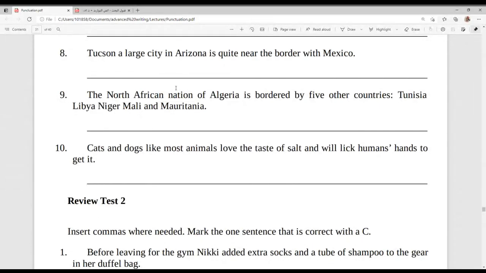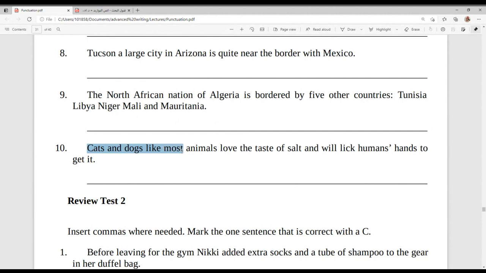The North African nation of Algeria is bordered by 5 countries: Tunisia, Libya, Niger, Mali, Mauritania. Tunisia, comma, Libya, comma, Niger, comma, Mali, comma, etc.